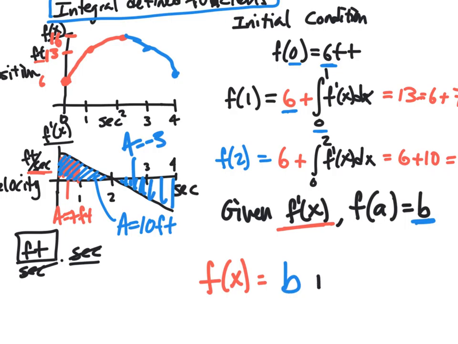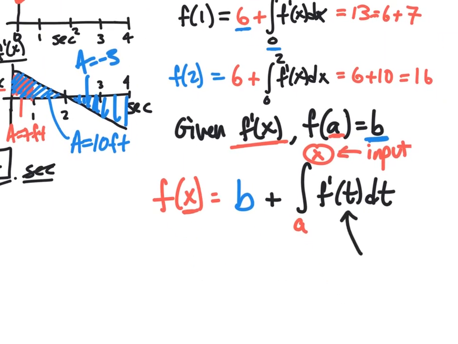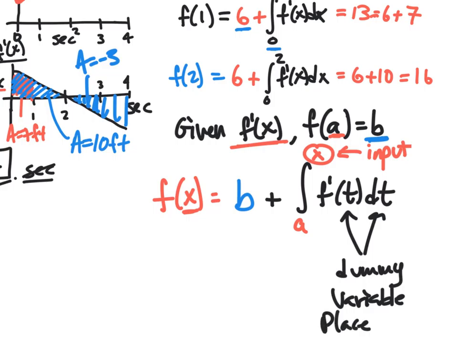So b, and then plus the integral, and this value here, the x value a, is what goes down here, and then we're going to have x up top. So f of x, this is our input, this is where we put the x values in, and then we're going to do that integral of f prime of t dt, and t is our dummy variable. The t is just a placeholder.